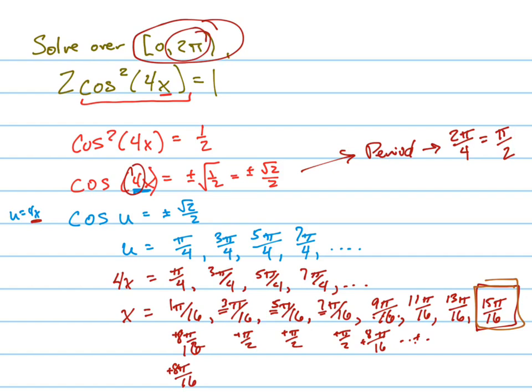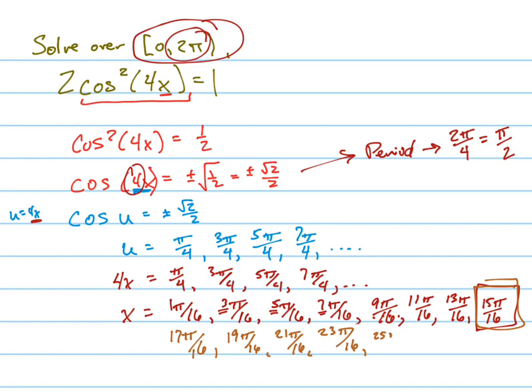So this example is actually relatively easy, because you can kind of see a pattern. You don't even have to use that trick I showed you, but it's good to know that little trick I was talking about. So 17 pi over 16, 19 pi over 16, 21 pi over 16, 23 pi over 16. Should I keep going?